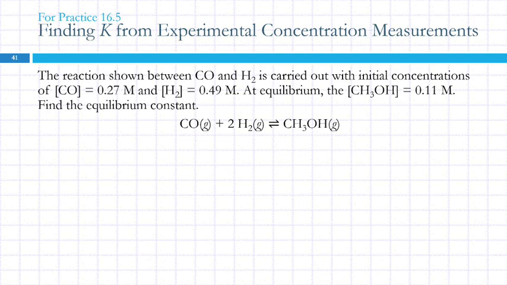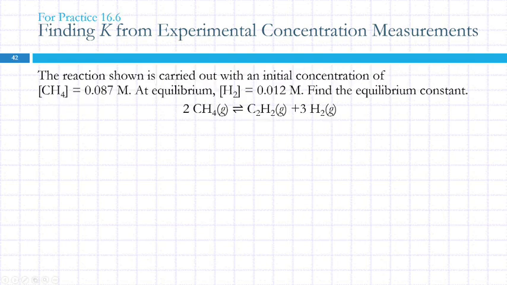Okay, reaction between CO and H2 is carried out with these initial concentrations. It's boring to read them, so I'm not going to. Find the equilibrium constant. So here we have our chemical equation. What we want to do is make an ICE table. Initial, change, equilibrium. Often it's convenient to just use the written equation as the header line for that.